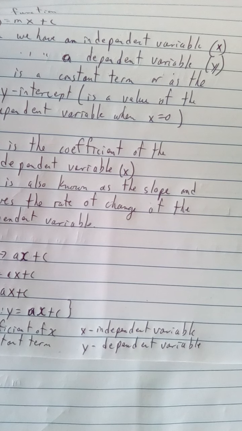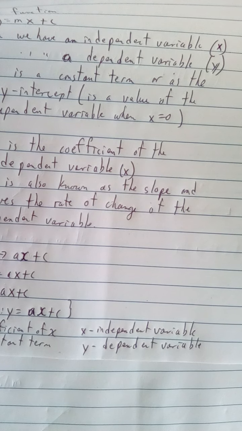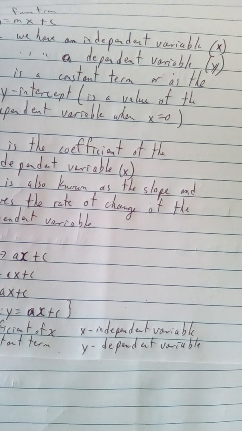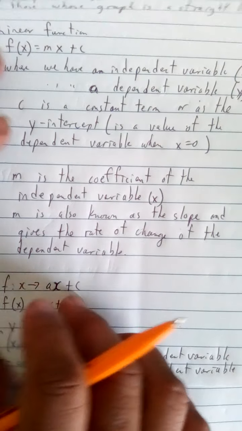Okay, so we have identified those things there for the general equation of the line. Now, because we have identified them, let's see what values a and c can take. I'm going to write it on the opposite side.